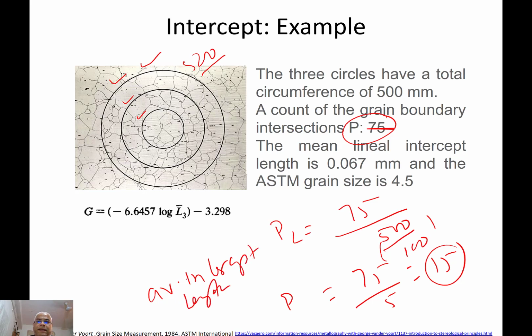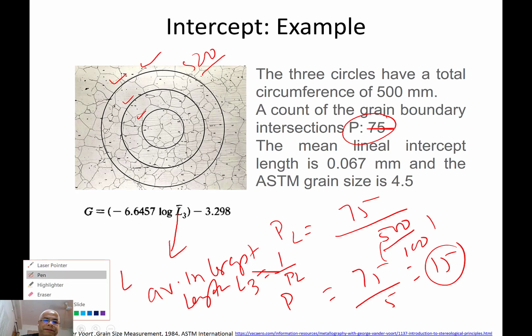To determine the average intercept length, that is L3, L3 is obtained from the inverse of NL or PL. So L3 is basically the average intercept length, obtained from the inverse of PL or NL. Here, since we have taken the grain boundary interceptions, that will be used for calculations.